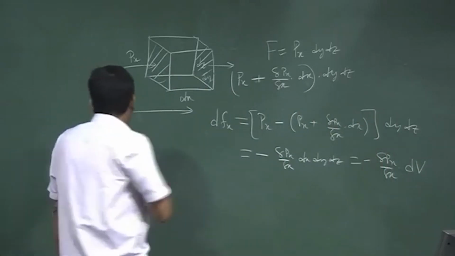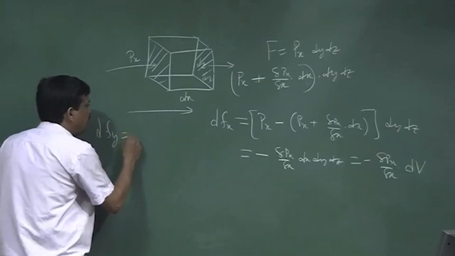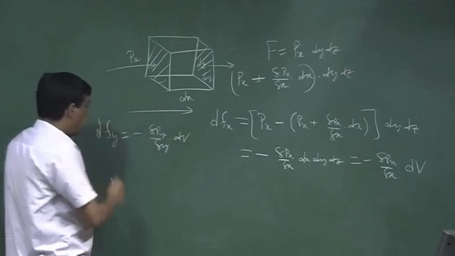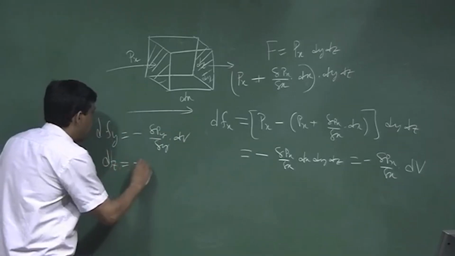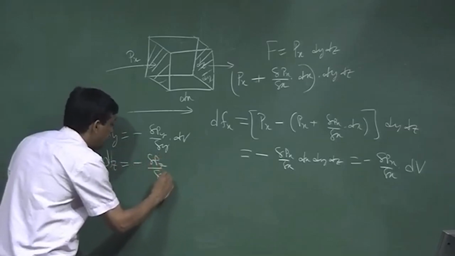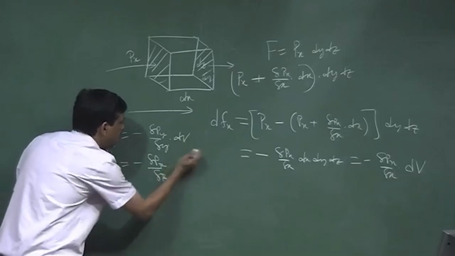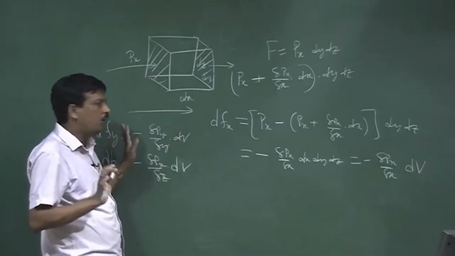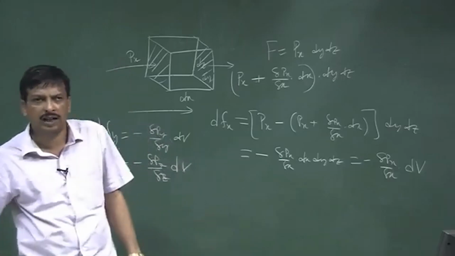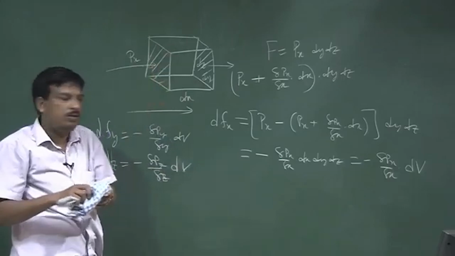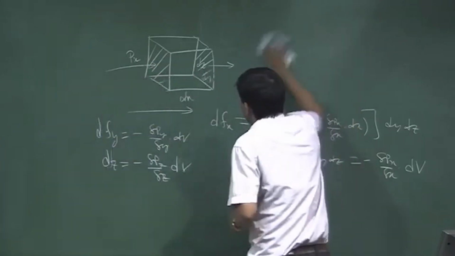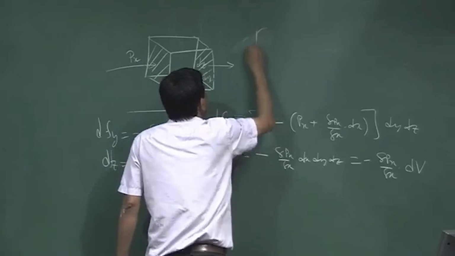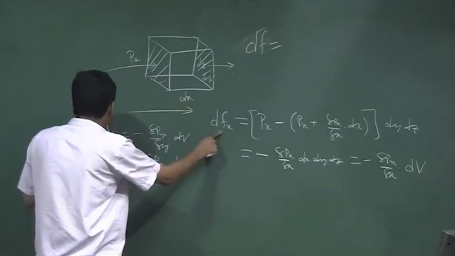Similarly, I can get dFy equal to minus del Py divided by del y into dv, and dFz equal to minus del Pz divided by del z into dv. Similarly, we get all three directions. So, the total force acting on this volume in all three directions is the summation: dF equals dFx plus dFy plus dFz.